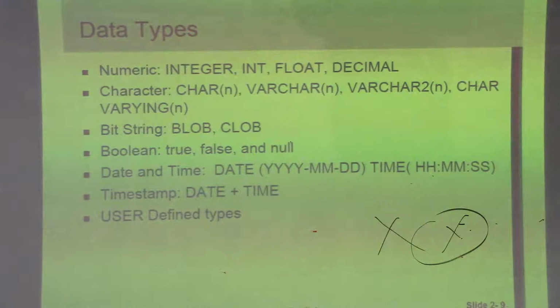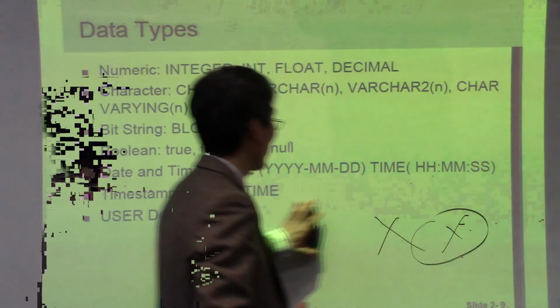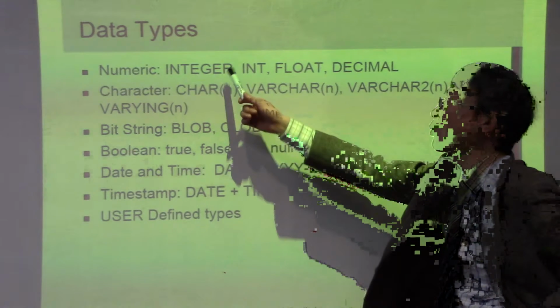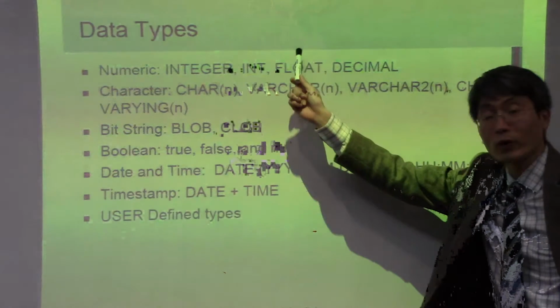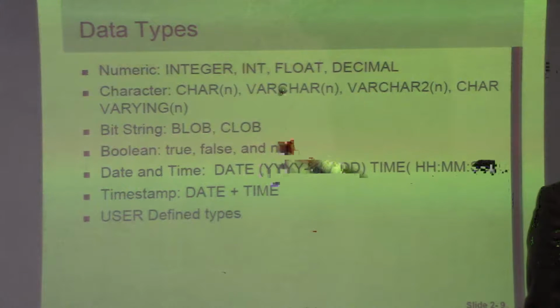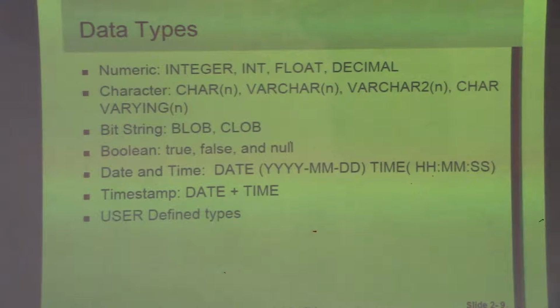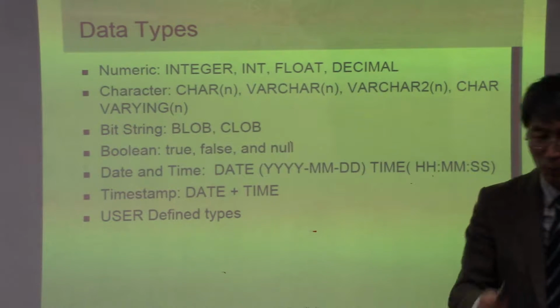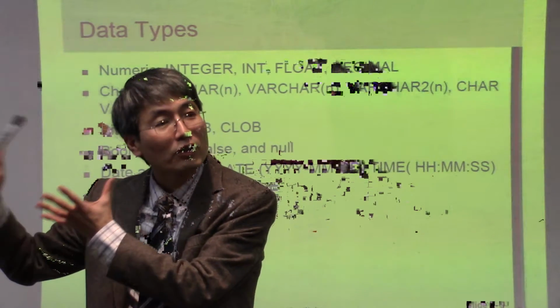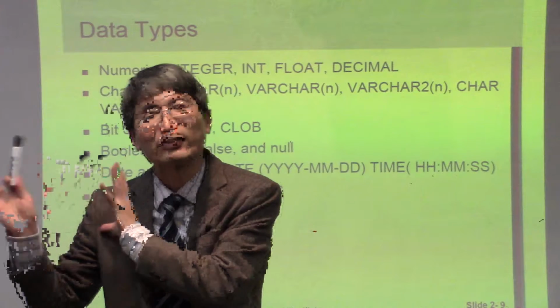Okay, data types. Data types are the same as in other programming languages, but slightly different. For numbers, we have integer or int, float, and also decimal. But float is not as precise as in other programming languages. For example, with 0.00000001, their summation may be slightly different.